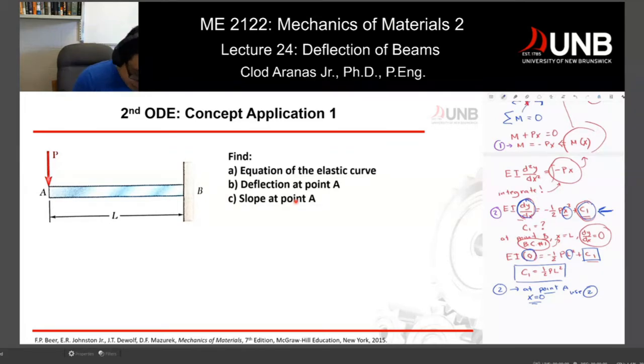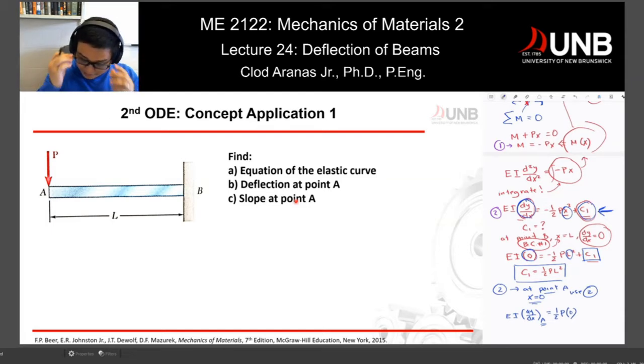Now, if I use equation number 2, I can write EI dy over dx, and that's the slope at point A. So now we are referring to point A, and that's equal to 1/2 P, now our x is equal to 0, so that becomes 0 right there, plus C1. And what is C1? C1 is 1/2 PL squared.